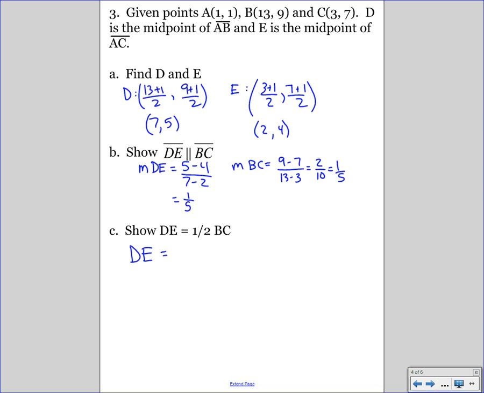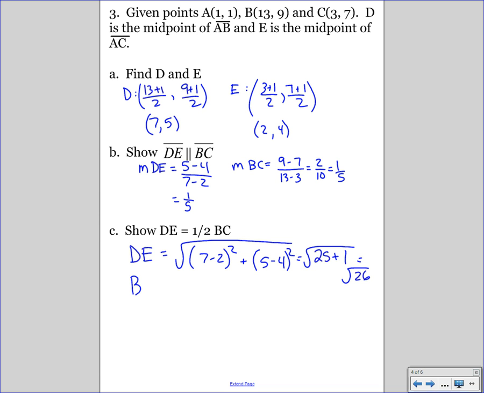So DE, 7 minus 2 squared plus 5 minus 4 squared. 7 minus 2 is 5 squared is 25. 5 minus 4 is 1. Squared is 1, so I have the square root of 26.